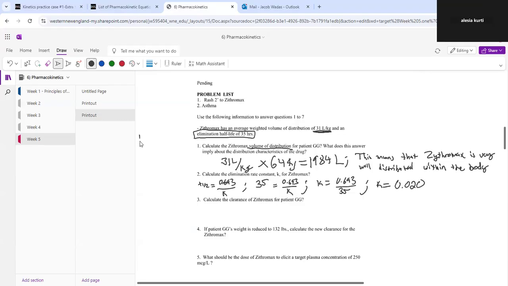Remember for K, we use 3 decimals. For concentrations, we use 2 decimals. And everything else, we use 1 decimal.